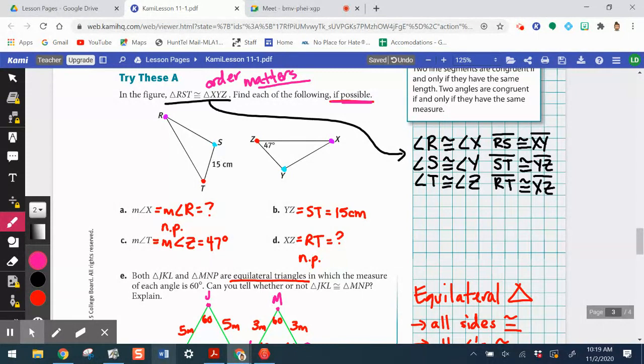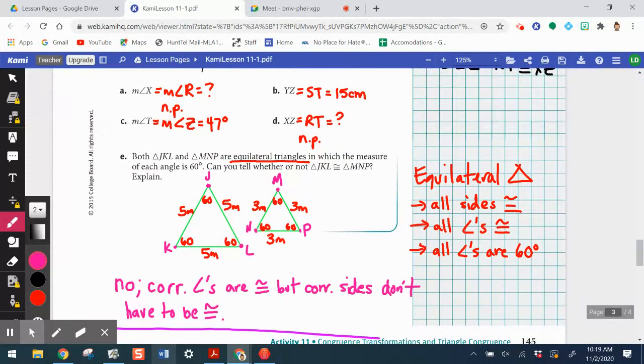Last but not least, part D, we know the length of XZ is the same as RT. It's equal to RT, but we don't know the measure of RT or XZ, so we simply say it's not possible to know the measure of XZ, although we did point out that it is equivalent to the length of RT.